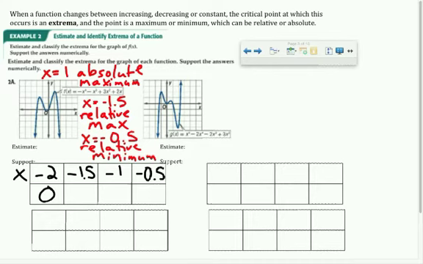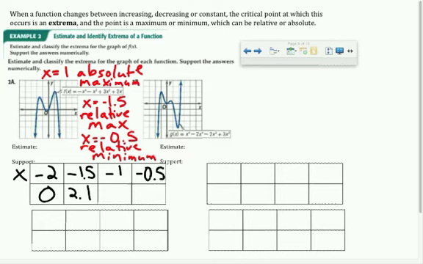When I plug in -1.5, I have -5.0625 plus that positive 1.5 cubed, and then plus (2.25 times 3) minus 3, and that's approximately 2.1.